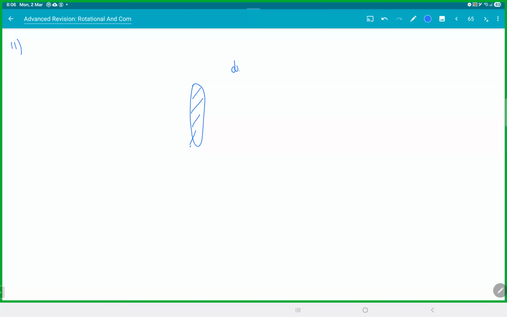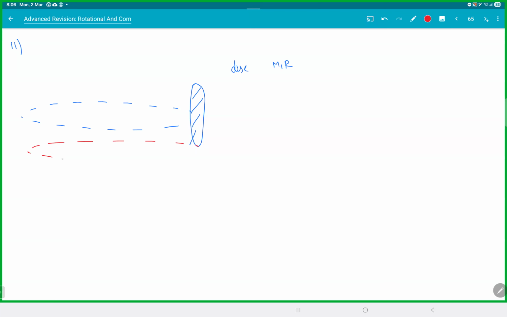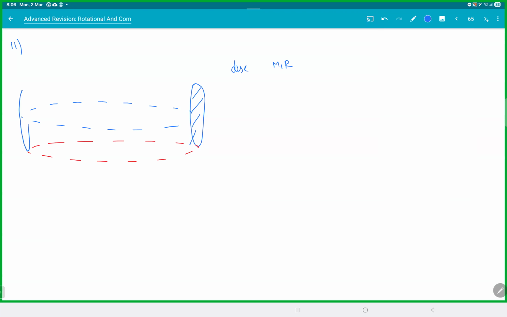We have a disk here, mass m and radius r. This disk is going in a circle. You're getting how it is rotating?